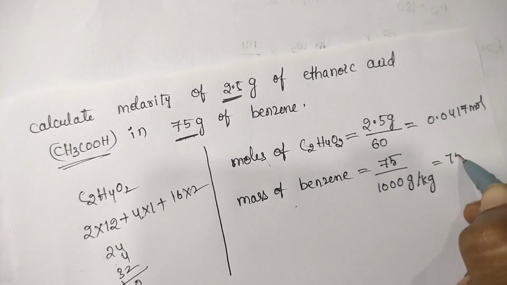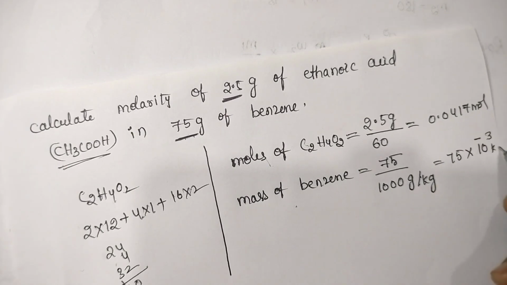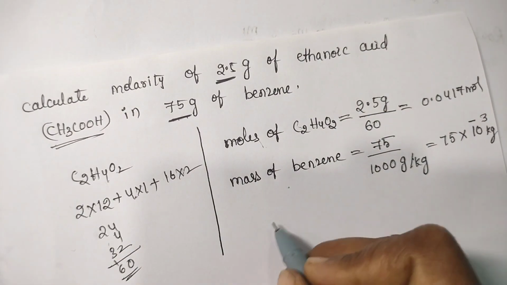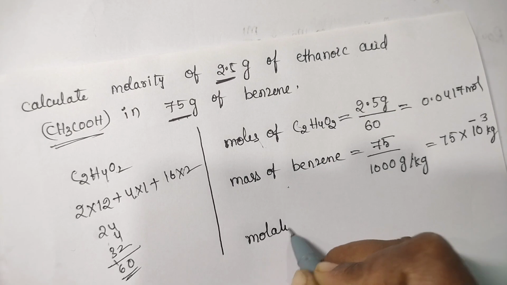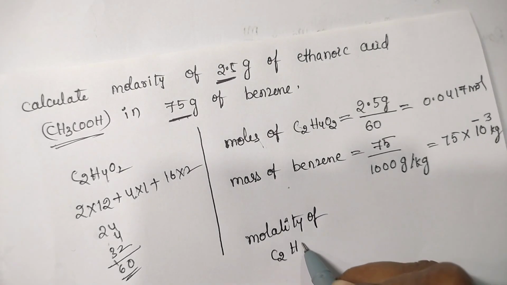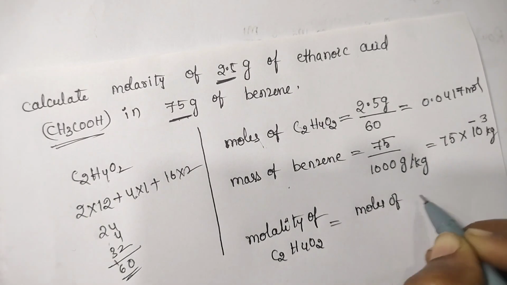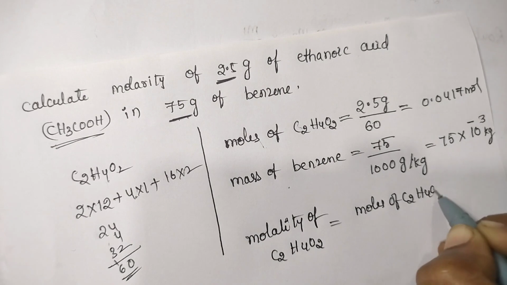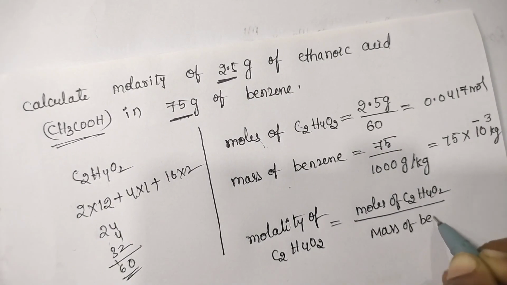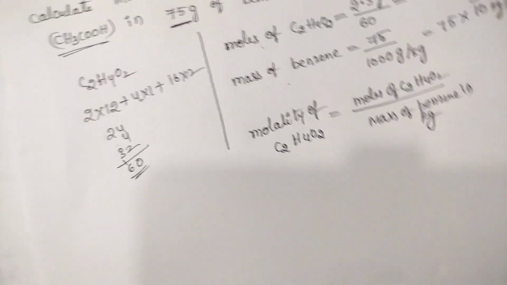That is equal to 75 into 10 to the power of minus 3 kilograms. So now molality of ethanoic acid is equal to moles of ethanoic acid by mass of benzene in kilograms.